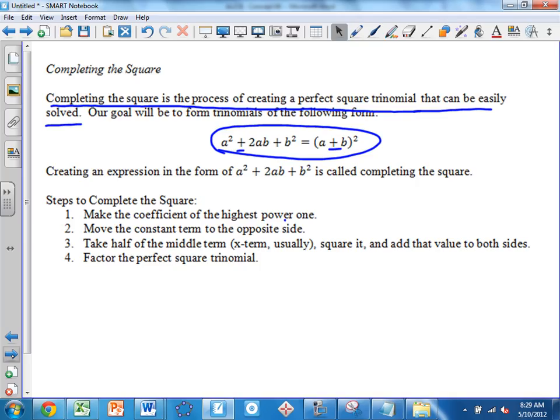We're going to factor something that looks like this into something that looks like that. Because take a look, a plus or minus b squared on the right here, isn't that what the circle really looks like?